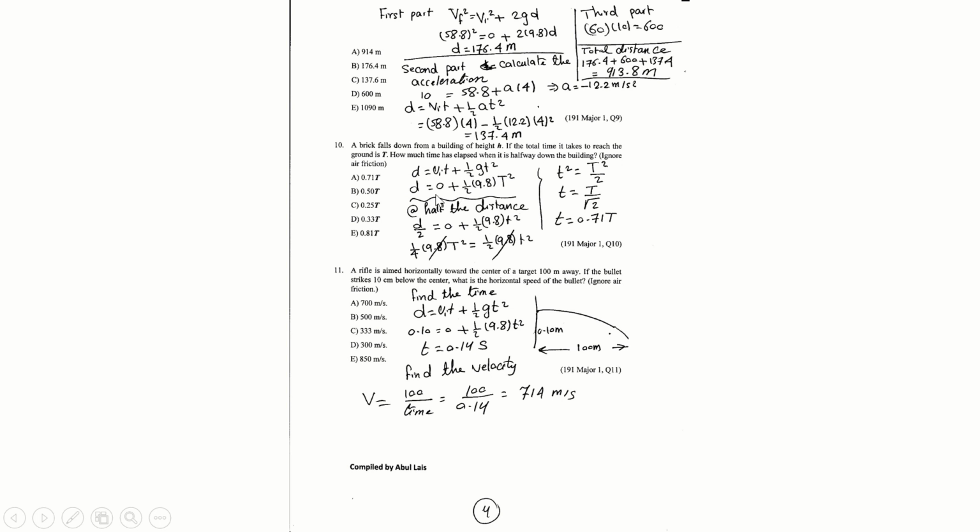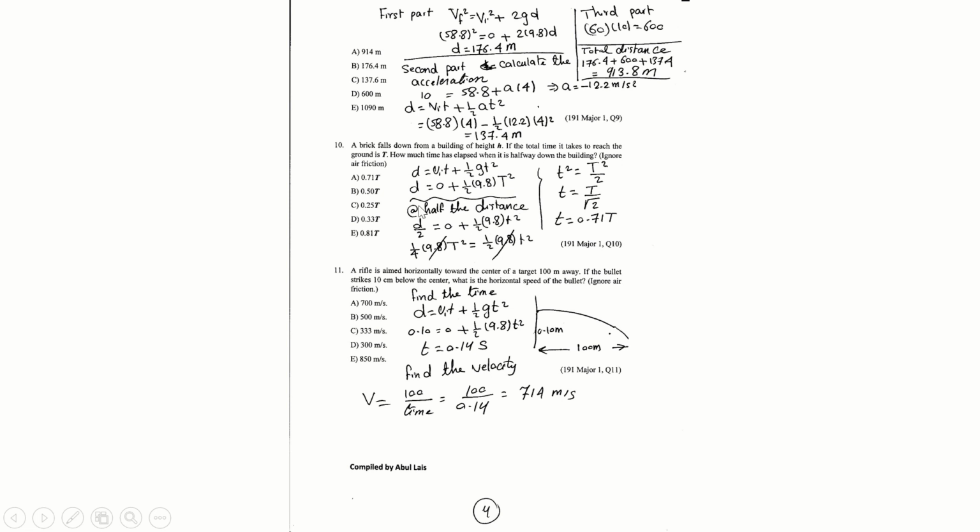Now the initial velocity is 0, so it's 0 plus half times 9.8. The total time it took to reach the ground is capital T, so I'll replace small t with capital T, so it becomes capital T squared. So now we know that the distance equals half times 9.8 times capital T squared.